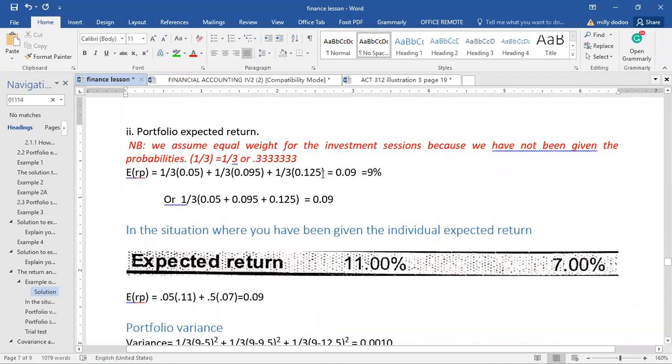But my humble advice to you is that to always be on the safer side, go with this method, the one I just highlighted. Once you go with this method, the chances of you making a mistake are very low. But me, I will show you all the methods, and then you go by the one you are okay with.